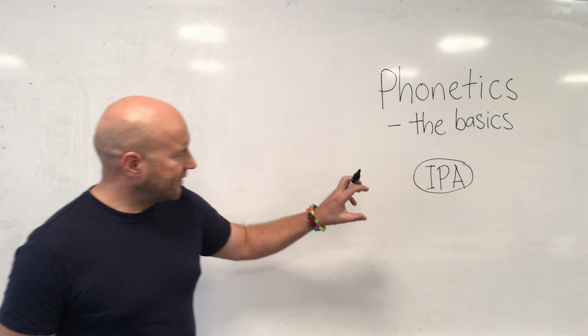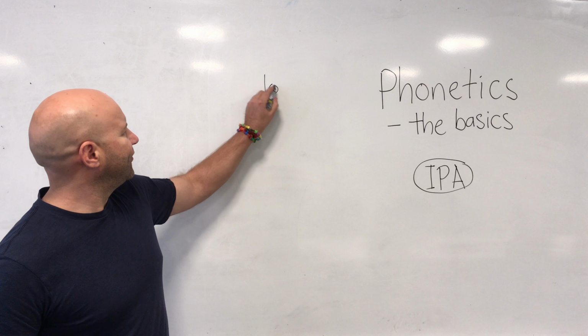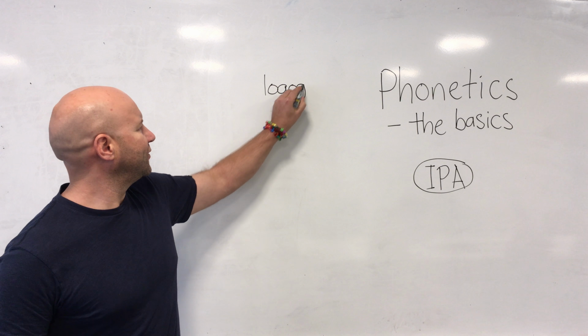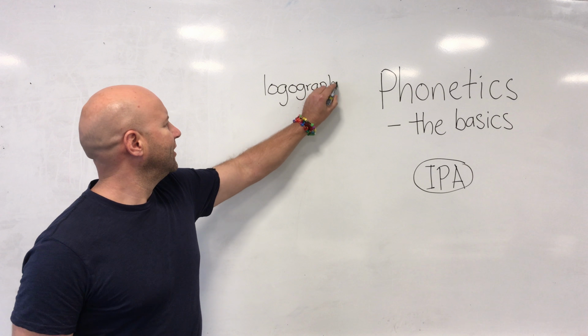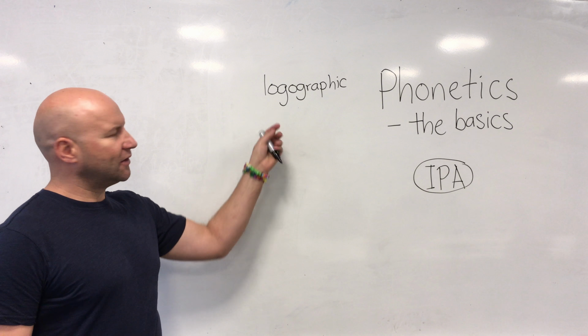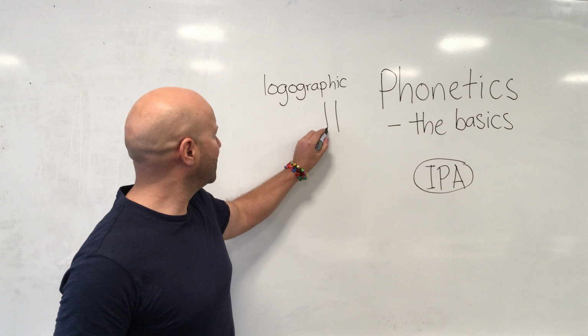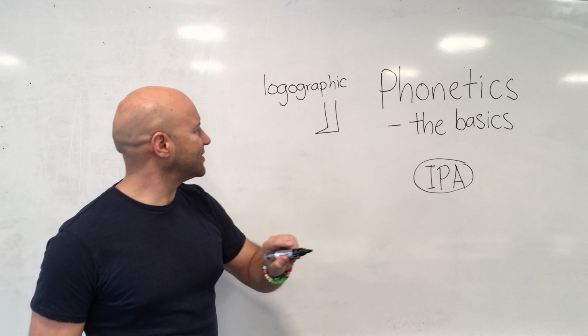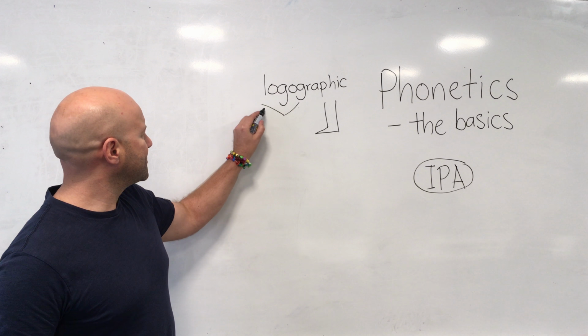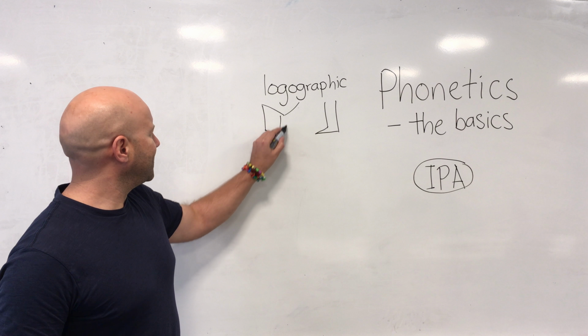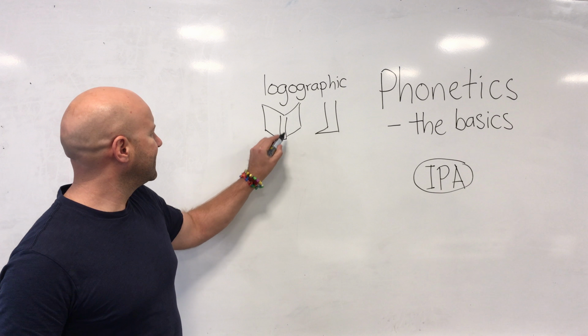So to start, if we look at alphabets in general, the earliest writing systems tended to be logographic systems. What this means is that pictures or symbols were used to represent words. So hieroglyphics is perhaps what springs to mind when we think of a logographic system.